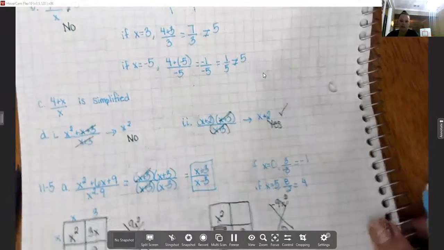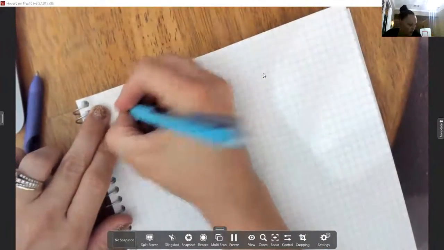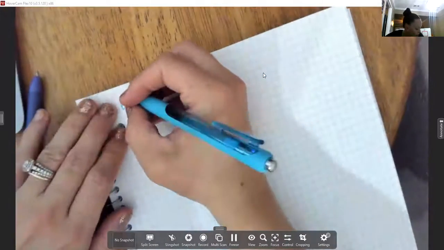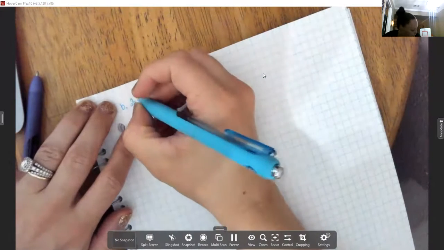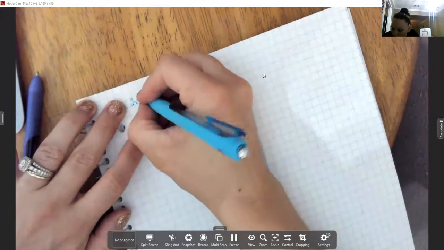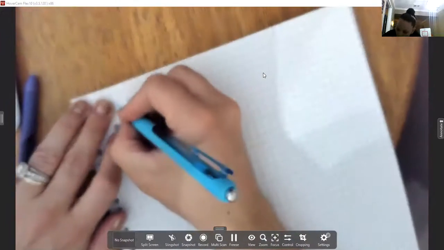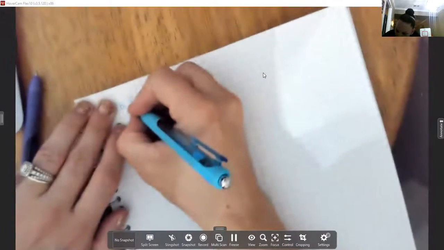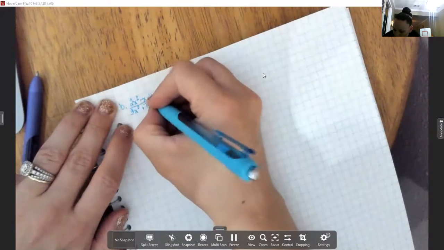All right, questions? Just a few more with factoring. So B is 2x squared minus x minus 10 divided by 3x squared plus 7x plus 2.